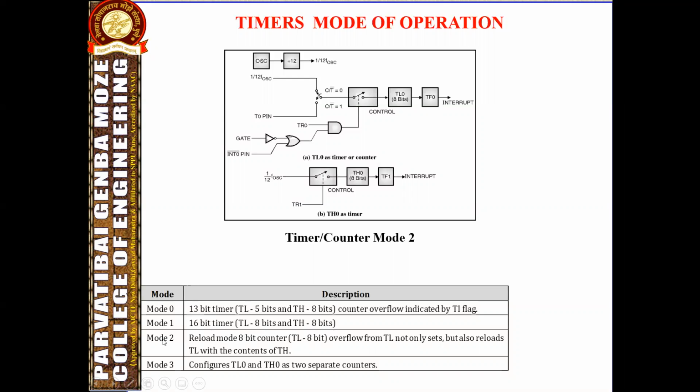In mode 2, an 8-bit auto-reload counter from TL, where overflow from TL not only sets the flag but also reloads TL with the content of TH. In mode 3, configure TL0 and TH0 as two separate counters.